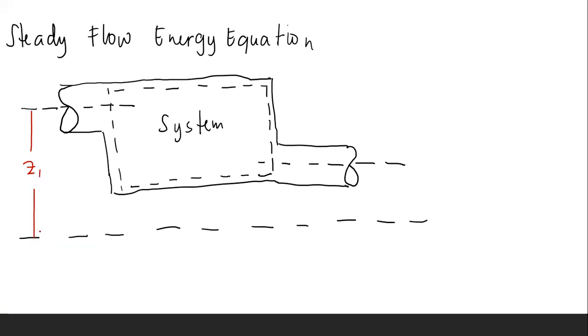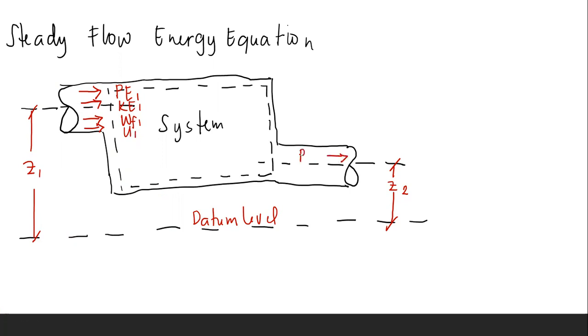So it's your height 1. This is the datum level, and this is your height 2. This one is your PE1, potential energy 1, kinetic energy 1. Entering 1, you have the flow work 1, and then internal energy 1.